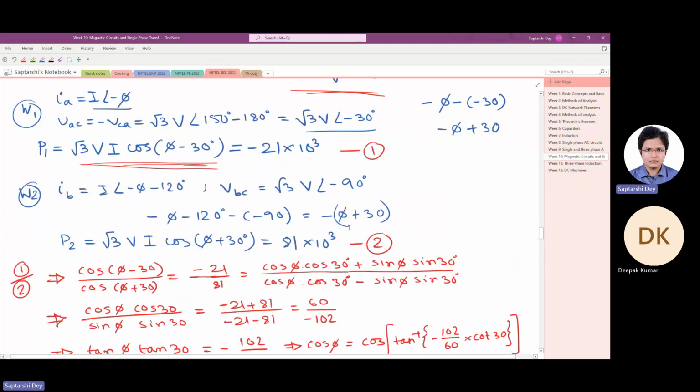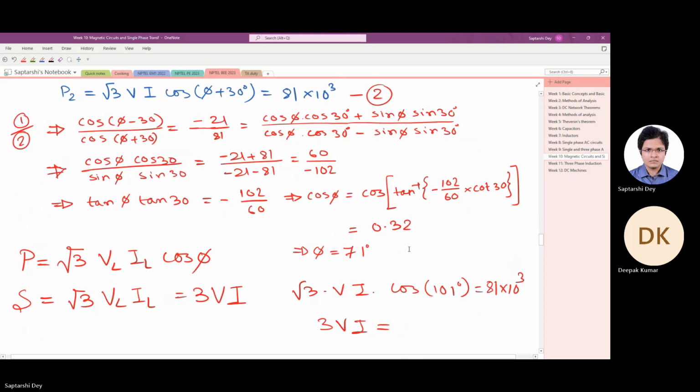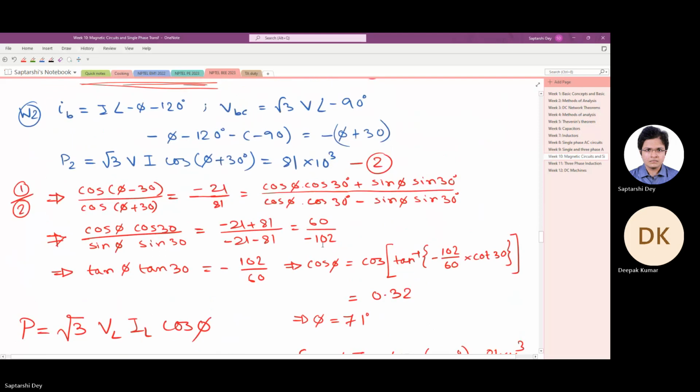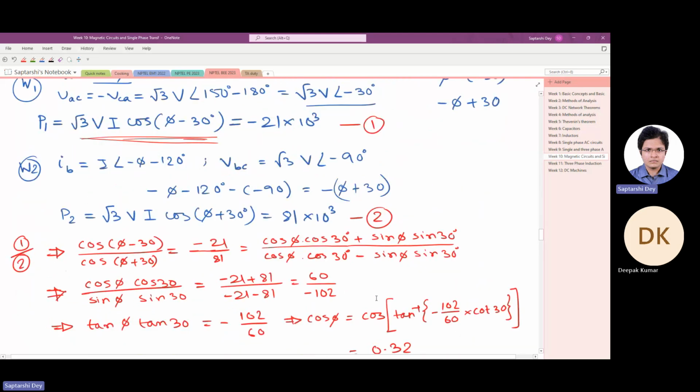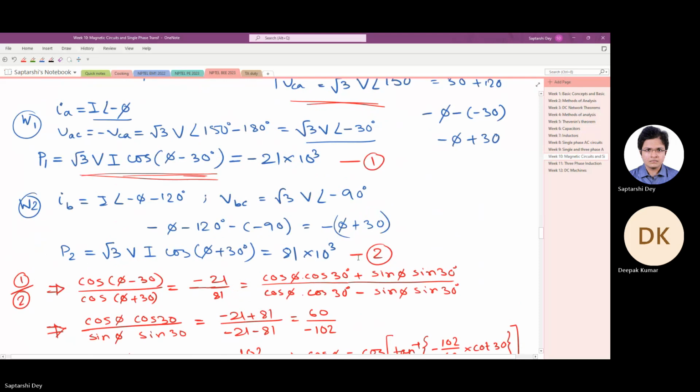But where is the mistake here? Okay, let me do with the other one. Let us see if the same thing comes. 21 by cos(71 minus 30), so 41, times root 3 is giving 48. No, something is wrong.